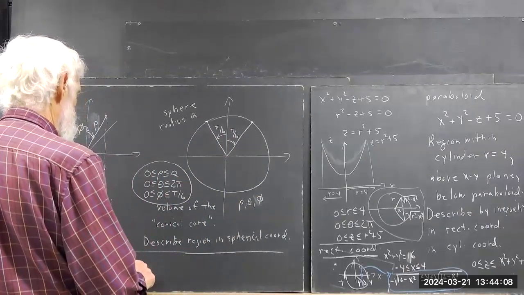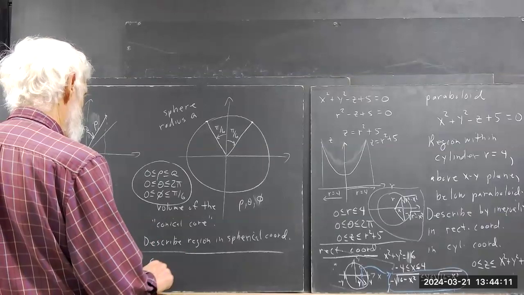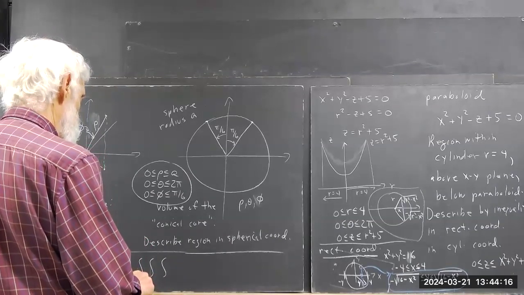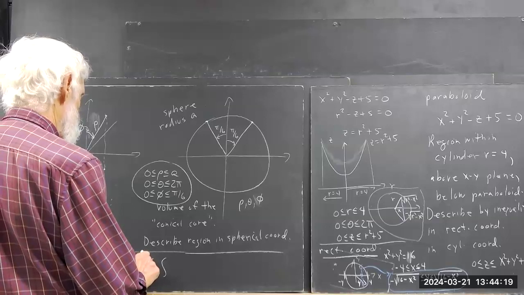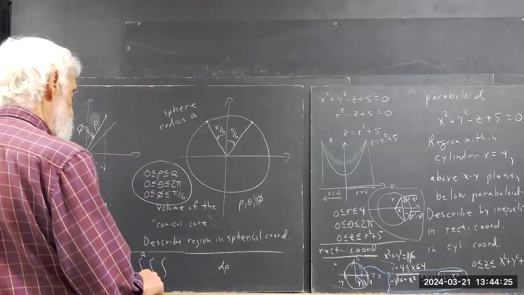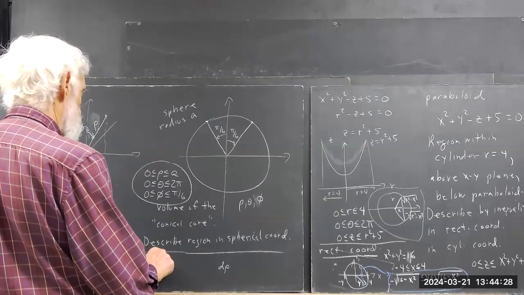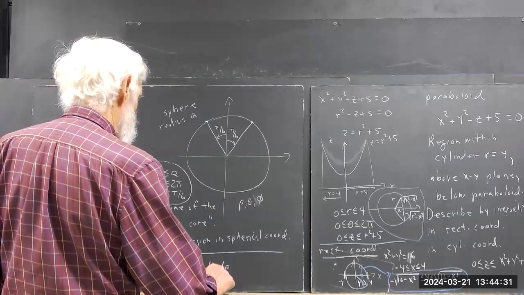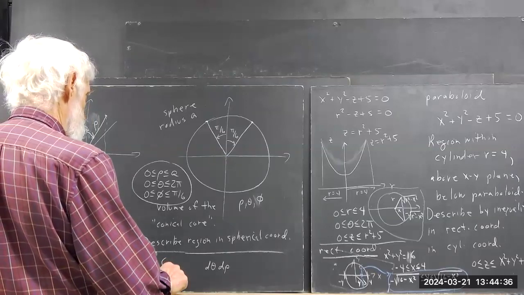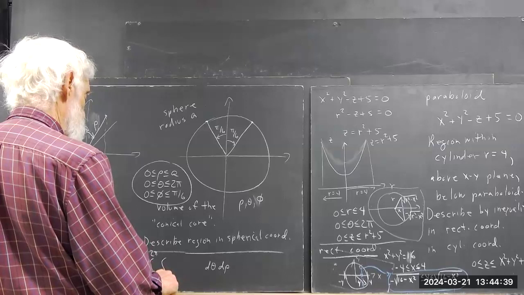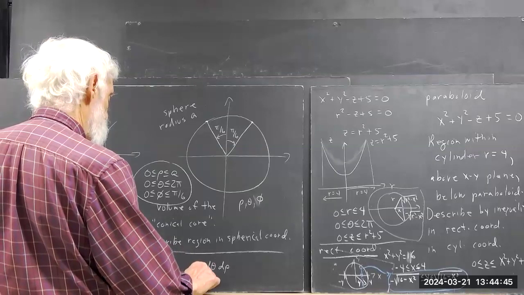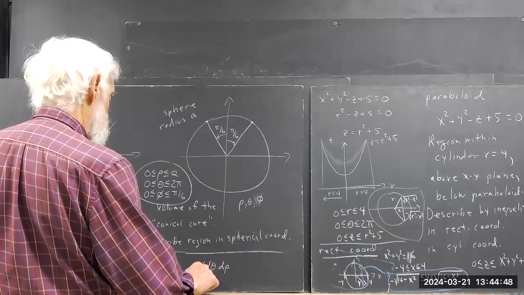But if you just want to get the volume, you're just going to integrate from 0 to A with respect to rho, 0 to 2 pi with respect to theta, and from 0 to pi over 6 with respect to phi.